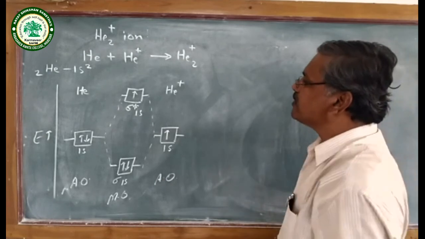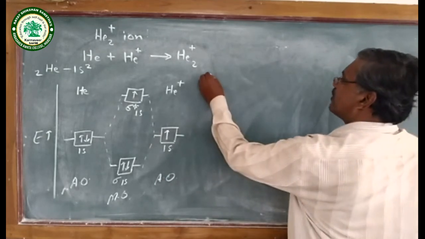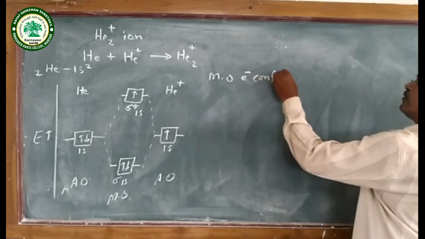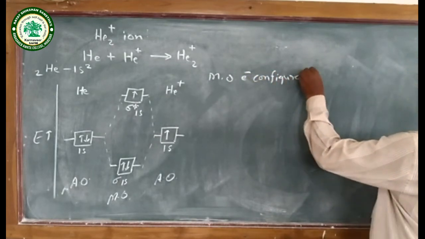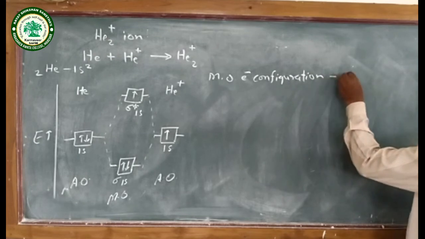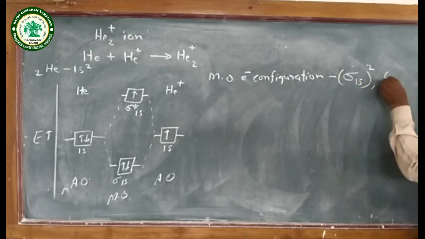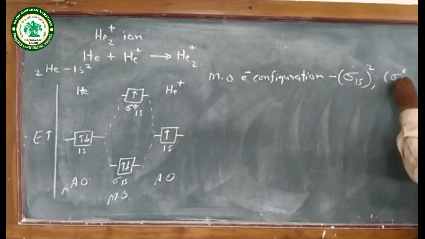So from this MO energy level diagram, the MO electron configuration can be written as sigma 1s 2 and sigma star 1s 1.